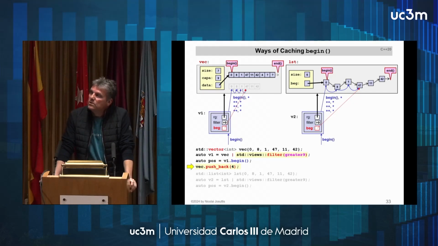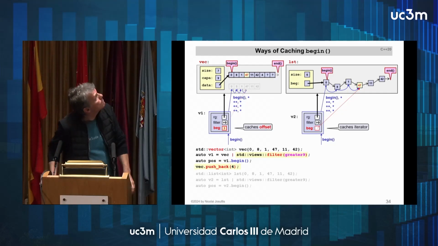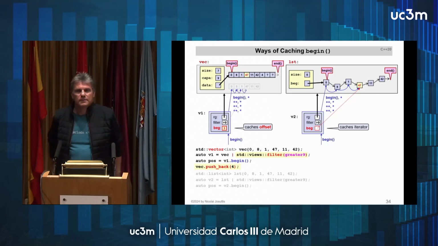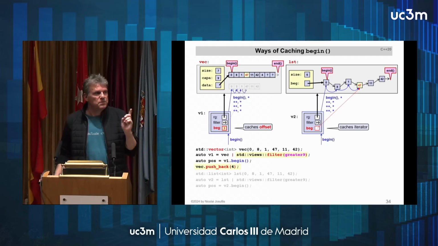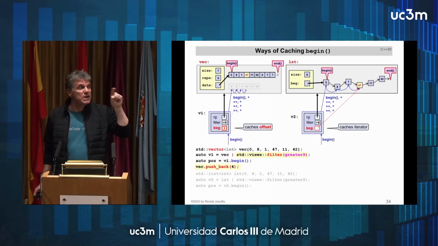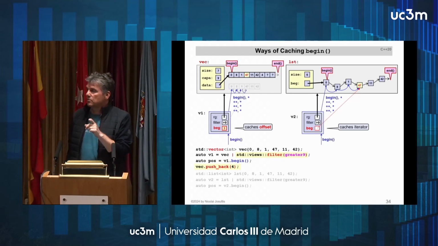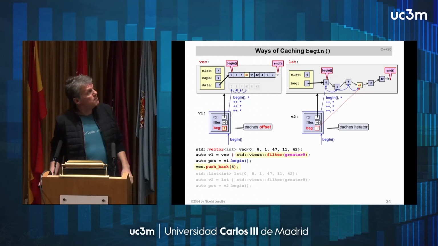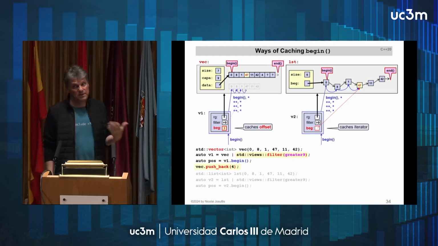So what do we do here? We don't cache the iterator, we cache the offset. And the good thing is, it's cheap to jump with an offset to an element in a vector. So remember, and that will become interesting later on.